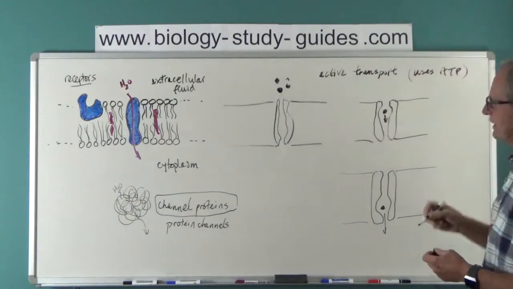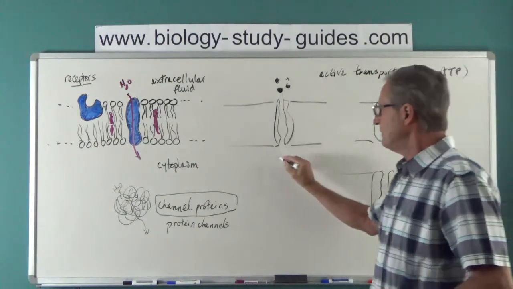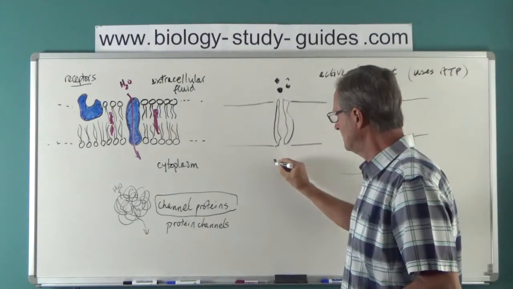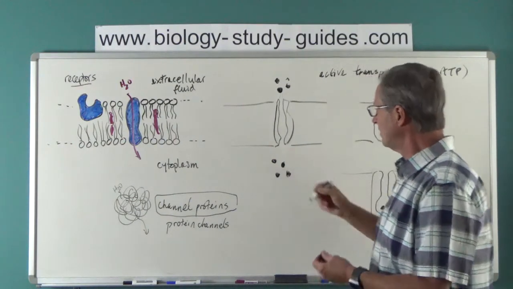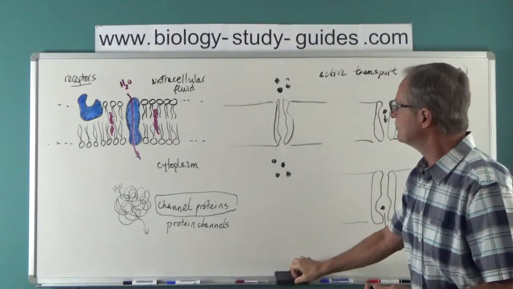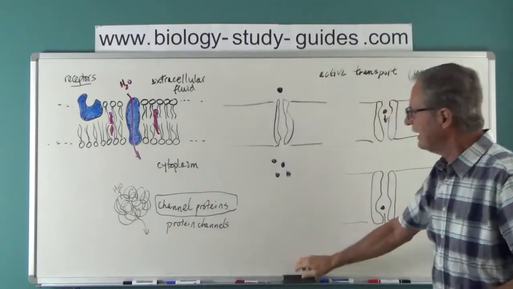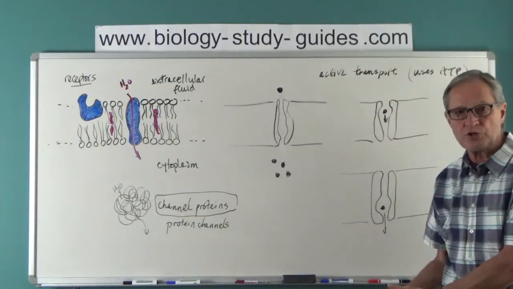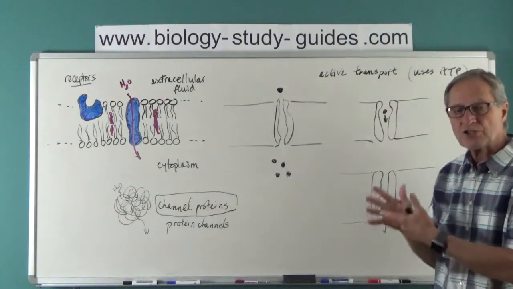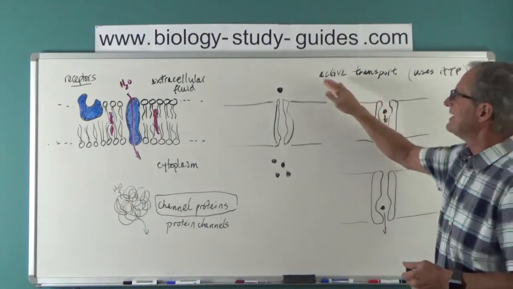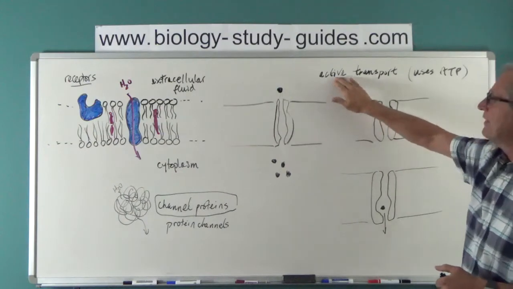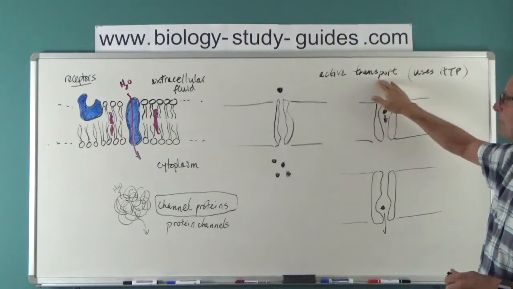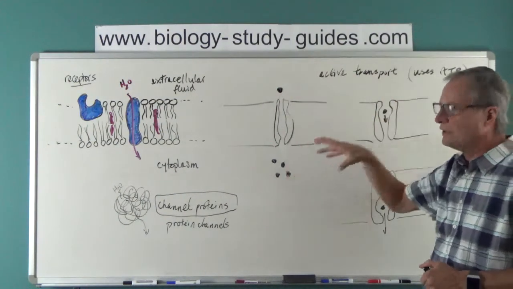It requires energy. So for example, it may be that there's lots of these substances inside the cell already, and there's fewer of them outside. It goes against the laws of diffusion, so it takes energy to disobey the law of diffusion. So it's called active, because it's actively using energy to transport substances through a protein in a membrane.